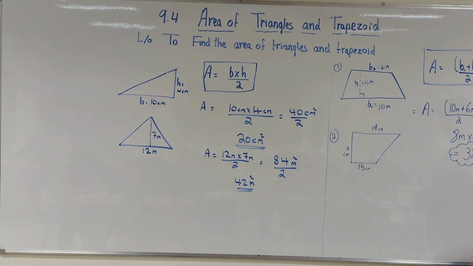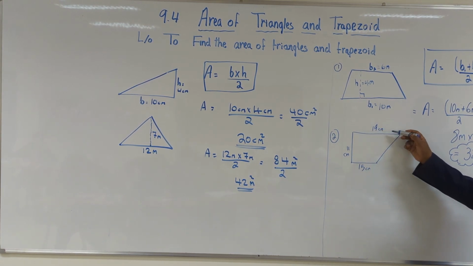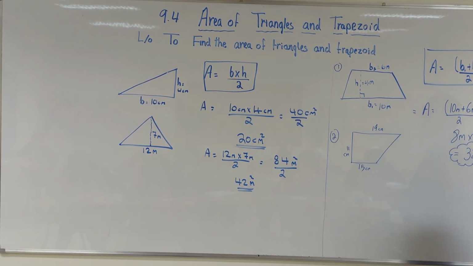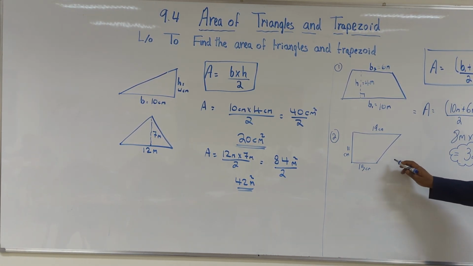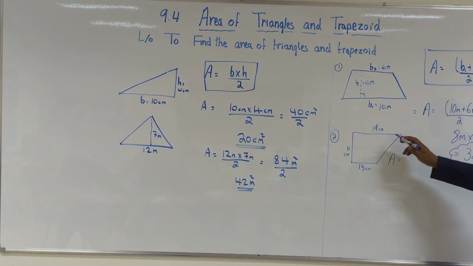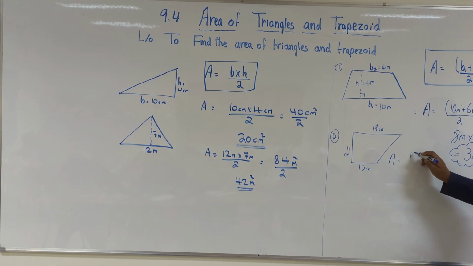But Mr. How? How? Because this is not. This is your height, this is your first base, and this is your second base. Okay? So we all have to use the formula again. And the formula is here. What is the first base? 19. What is the second base? 15.